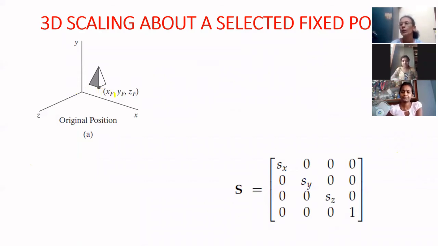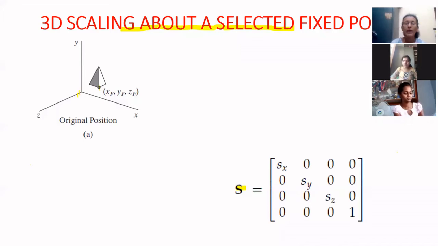We know the scaling matrix S, which is about the origin. So we use a sequence of transformations to achieve this scaling about the selected fixed position. First, we shift this fixed point to the origin. Since we know scaling about the origin, we move this point to the origin.